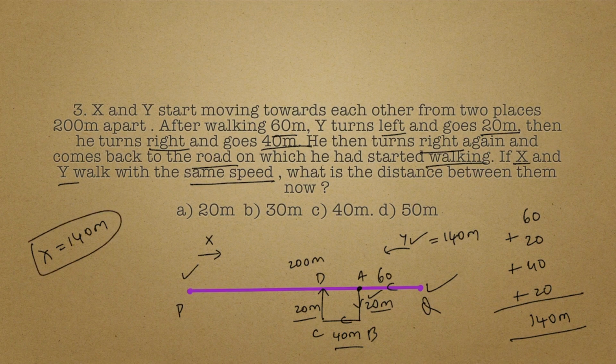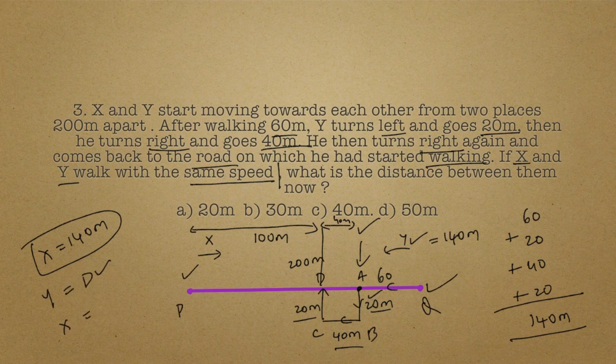If X travels the same from P, that is the starting point, he would reach up to the point A, because from the starting point to the middle of the road it is 100 meters. And adding 40 after that, X will be reaching up to point A. Now up to this part of the question, Y is at point D and X is at point A if they travel with the same speed.